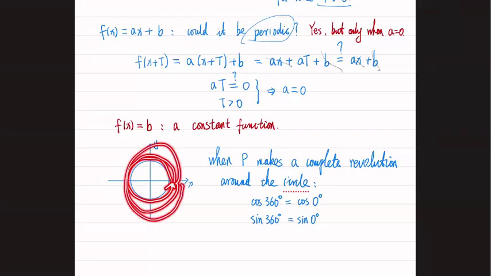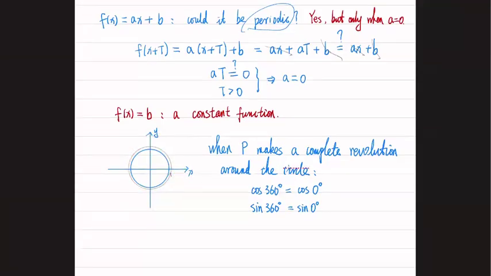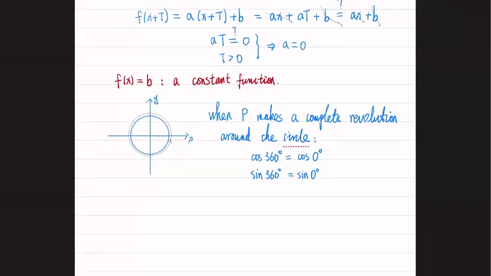Each time we go around the circle for a complete revolution, we start the process again. This implies cosine 2 pi equals cosine 0. We just use radians.